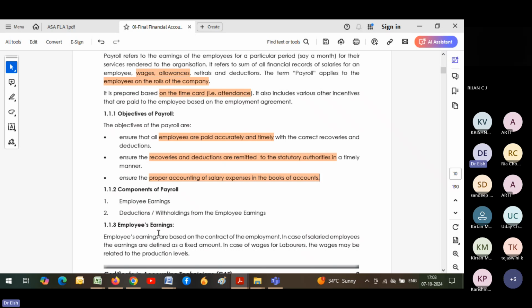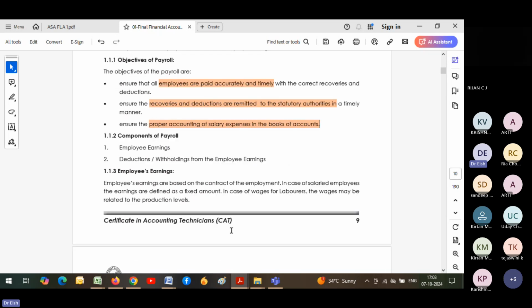Employee earnings are based on a contract of employment. In the contract of employment, the gross pay is definitely mentioned. So whatever is there in the gross pay of the employee's contract, that will be paid by the company. In case of salaried employees, the earnings are defined as a fixed amount.